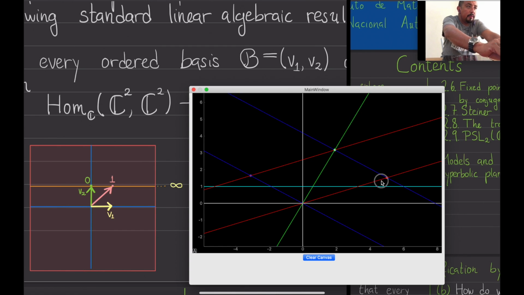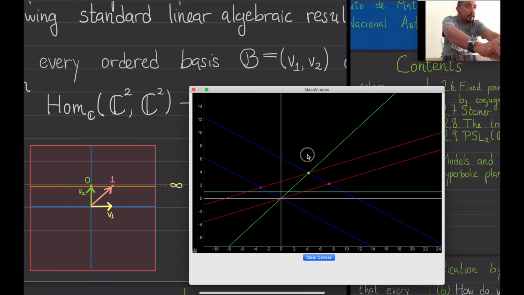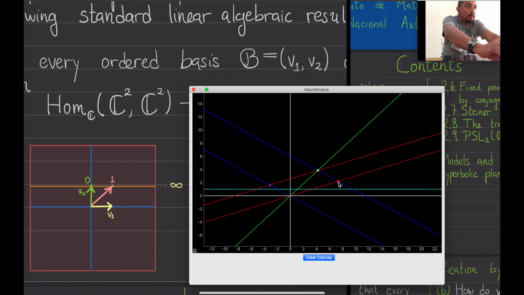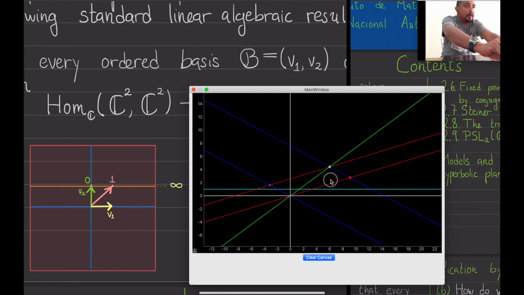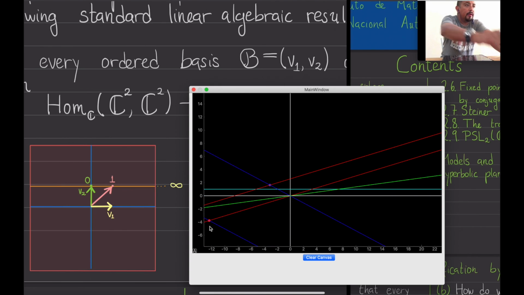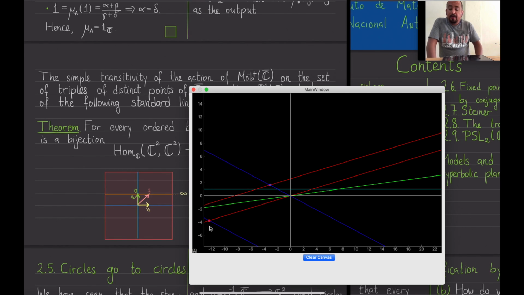And there you go, there you have your simple transitivity. If you want 1 to go to this point, then you just rescale enough. So simple transitivity is the shadow of this linear algebraic fact.